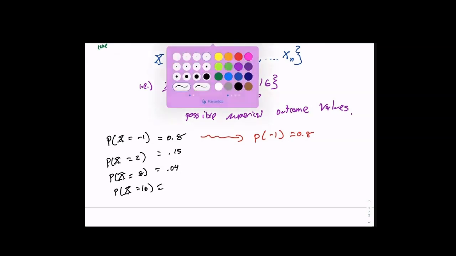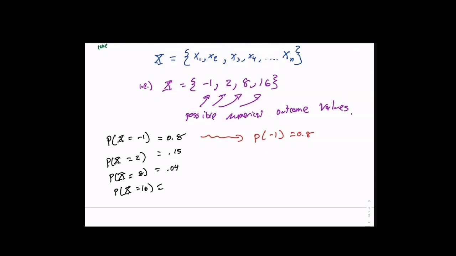And what does that mean the last probability must be? Can anybody chime in? What does that last one have to be? Somebody? What is the probability that X is 16? What is the probability that we get 16 as our outcome?